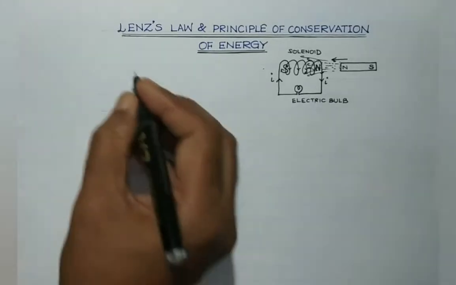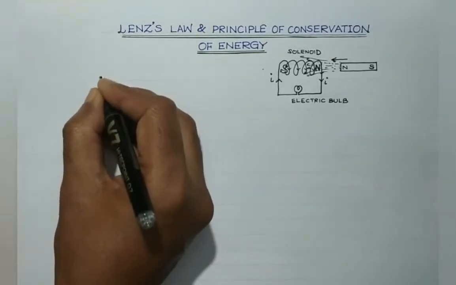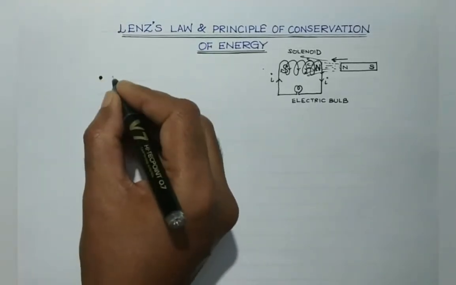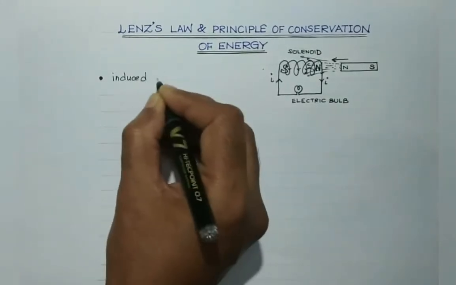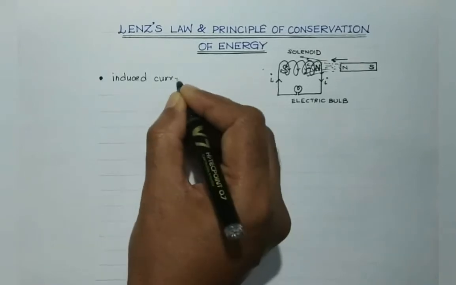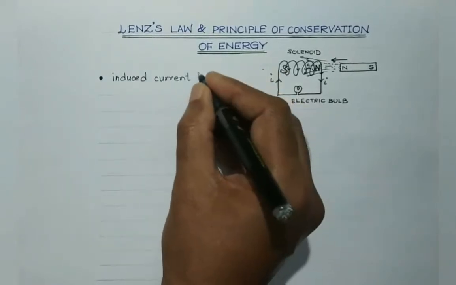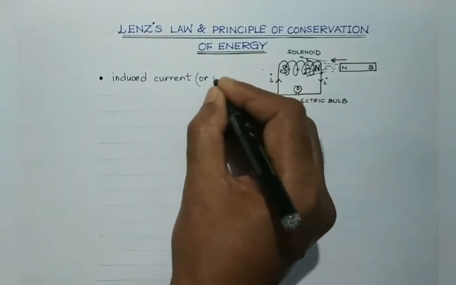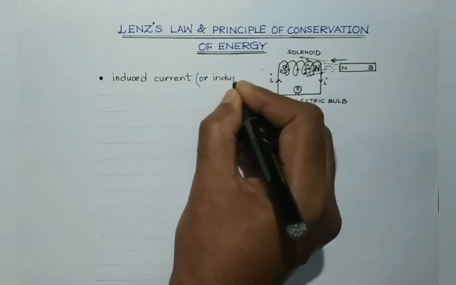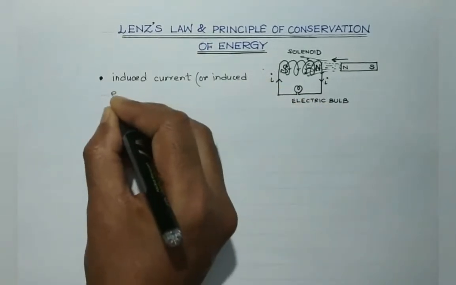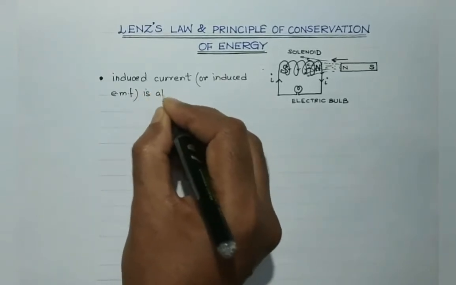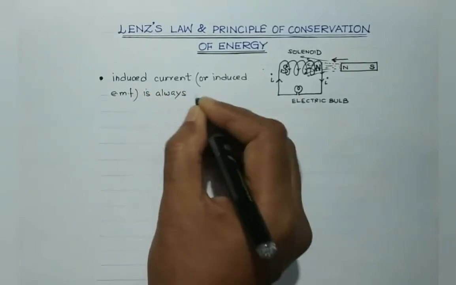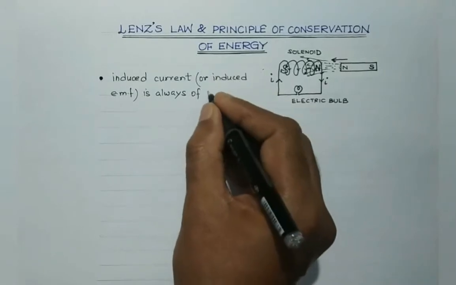So the point to be noted is that induced current or induced EMF is always of opposing nature. It is always of opposing nature.